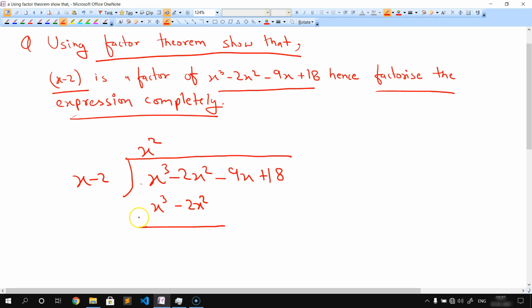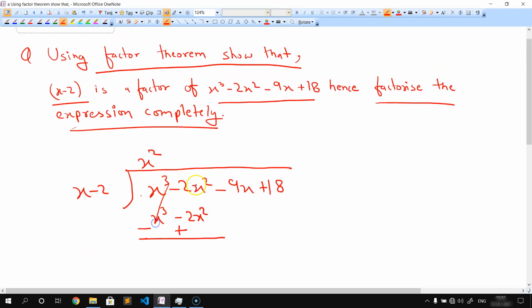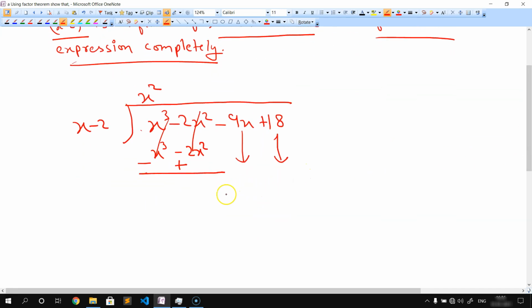Sign will be changed, it becomes minus and this will become plus. Here both the terms will cancel out. So we will write down the next terms, that is minus 9x plus 18.